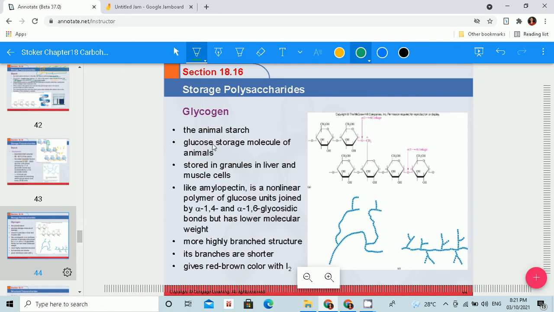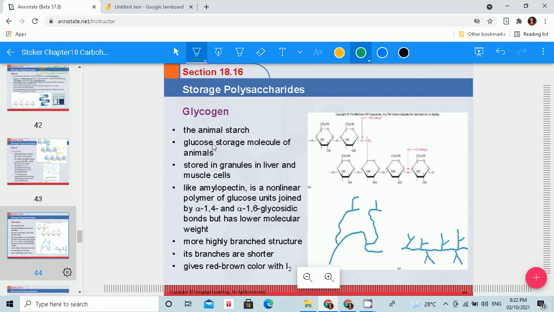Glycogen again is a storage polysaccharide. It means that it is where our sugars are stored for later use. For example, if our body only needs 4 kilocalories of sugars, and there's a lot of sugar, the other sugars will be stored as glycogen.